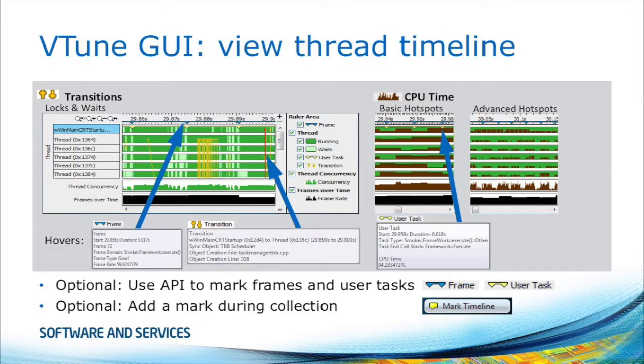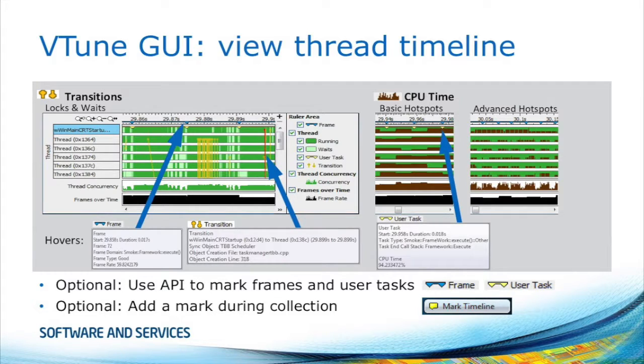All right. Then the other thing that we have is, anytime you take a lock in your code, you will see transitions between your threads telling you why a thread transitioned to another thread. So for instance, it tells you that there was a sync object. In this case, it was the TBB, the Threading Building Blocks scheduler, and the object it was syncing on was in the task manager source file at some line.